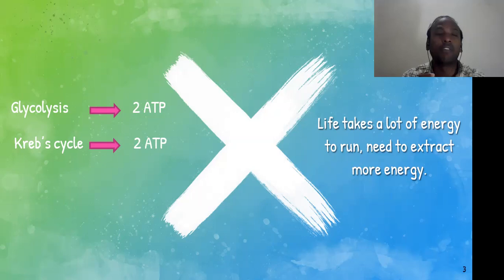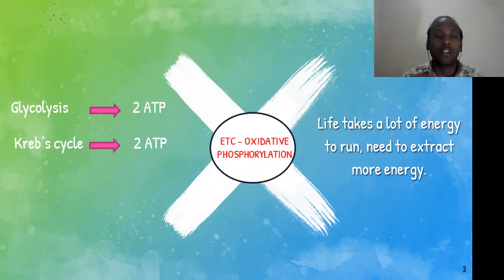So there is a need to extract more energy from the intermediates formed in glycolysis and the Krebs cycle. The best example is the electron transport chain and oxidative phosphorylation. These are the pathways that extract the maximum amount of energy so that more ATP is generated.